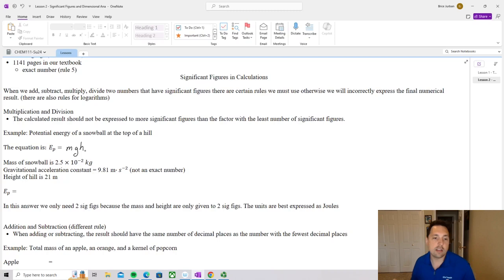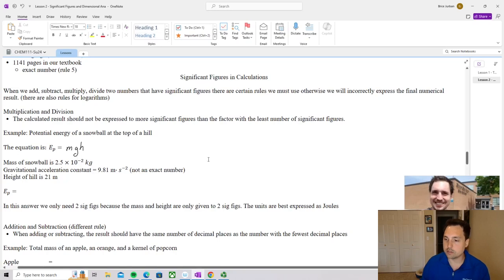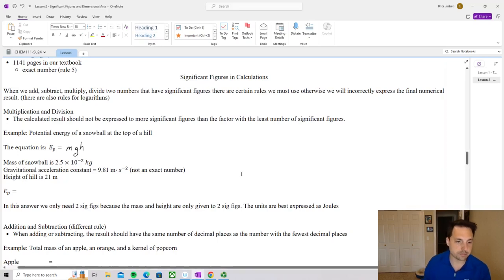The higher that the snowball is, the more potential energy it has. And it depends on also its mass, so the larger the mass it is. If we moved this to a different planet, the acceleration due to gravity would change as well.